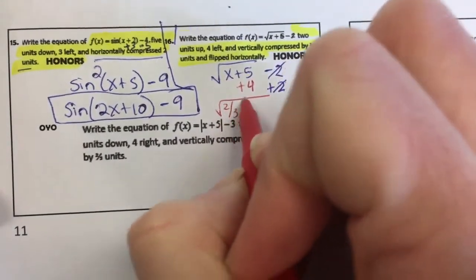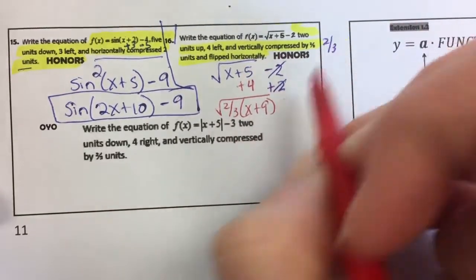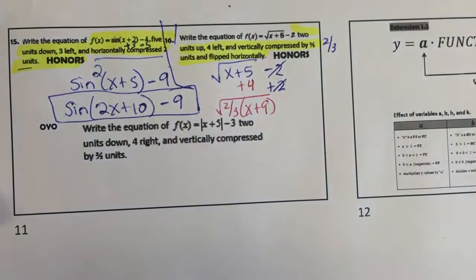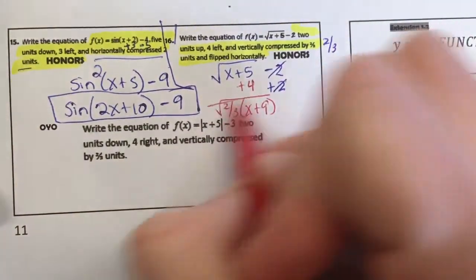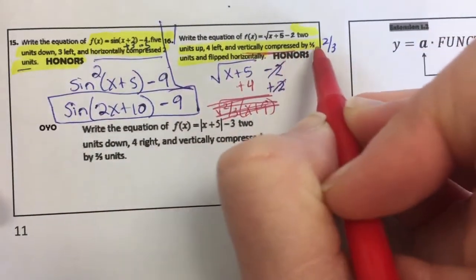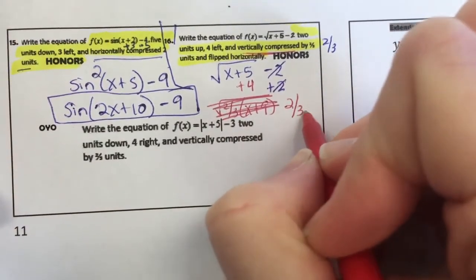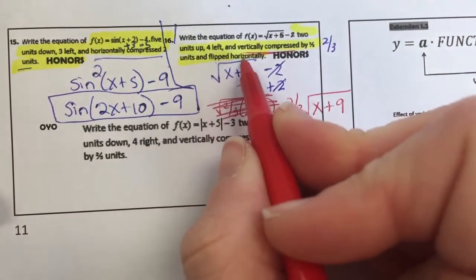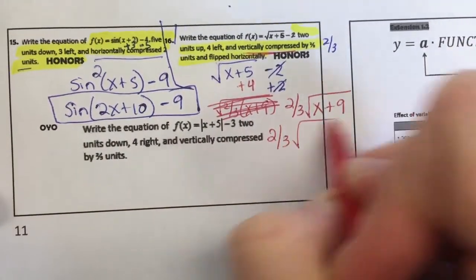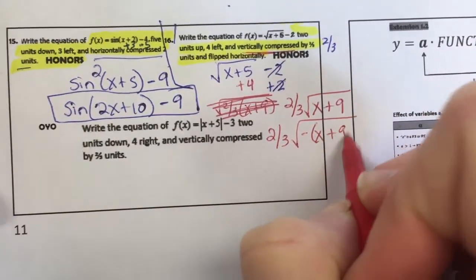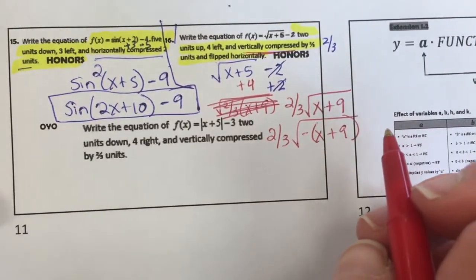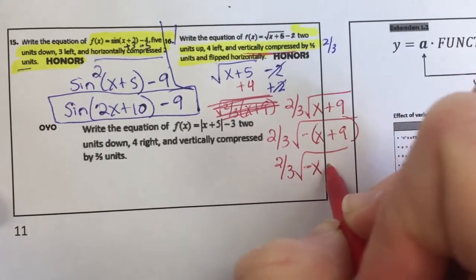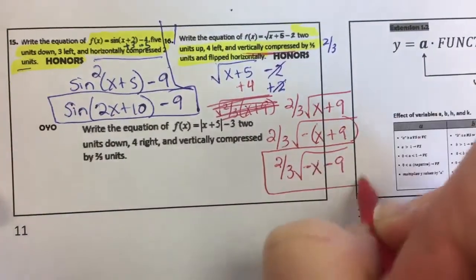So we're going to do 2/3 times x plus 9 because you add those. Vertically compressed by 2/3, the 2/3 goes on the outside. So it's 2/3 square root x plus 9. Then to flip horizontally, you put a negative on the inside. So that's going to be 2/3 square root negative x minus 9 would be your function.